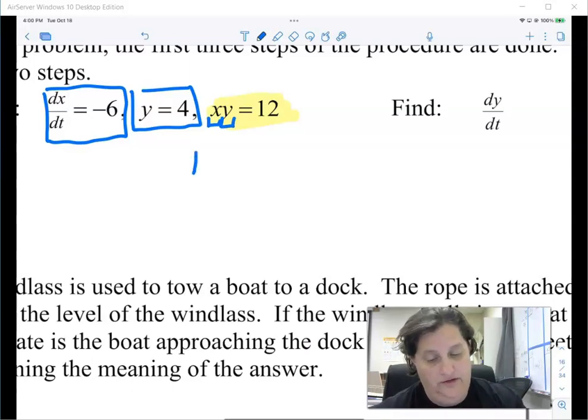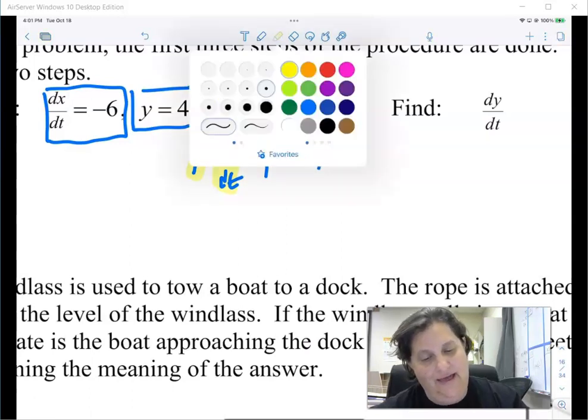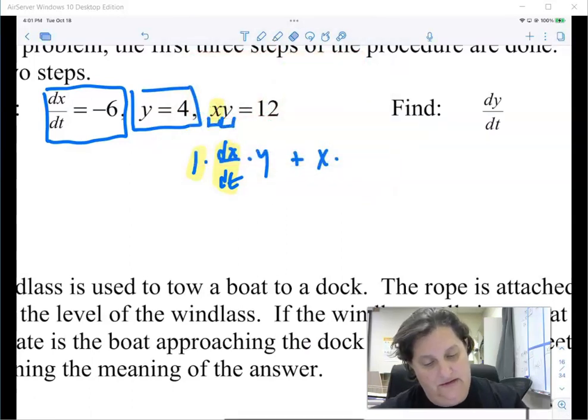Okay? So product rule is going to go like this. Derivative of the first, which is 1. But remember, we're not taking the derivative with respect to x. We're taking it with respect to t. So it's 1 dx/dt times the second, and then the first, and then derivative of the second.